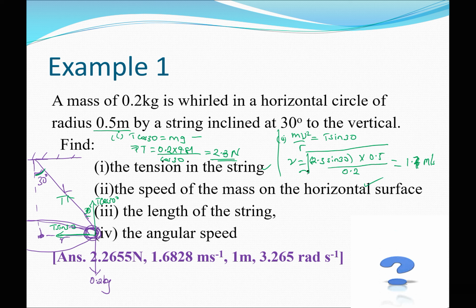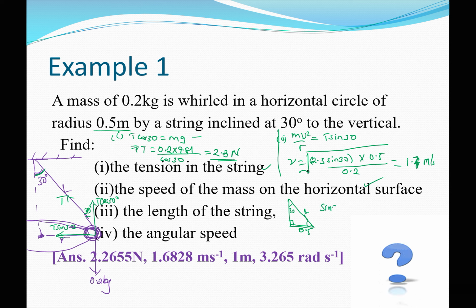Then the length of the string, so we want to find L. So that is just entirely trigonometry. You consider this triangle here. This is L. This is 90 degrees. This is 30. Of course, this angle is not known, but we can calculate it. This is r, which is 0.5. So you have opposite is 0.5 and hypotenuse is L. So that is sine.